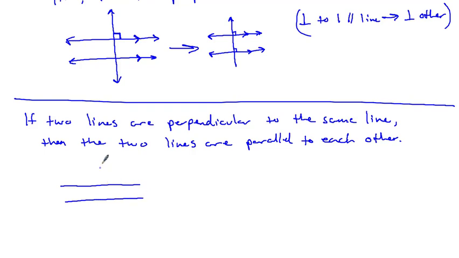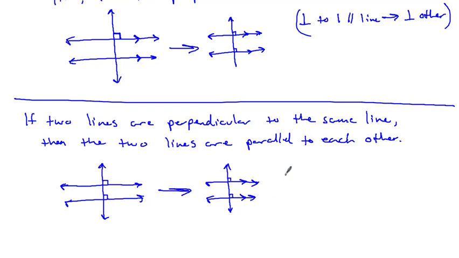We have two lines perpendicular to the same line, right? So our two lines here are perpendicular to this vertical line. Well, that means that those two lines are parallel to each other. Hopefully that makes sense. If they're both perpendicular to this line, that means they both have the same slope, so they're both parallel to each other.